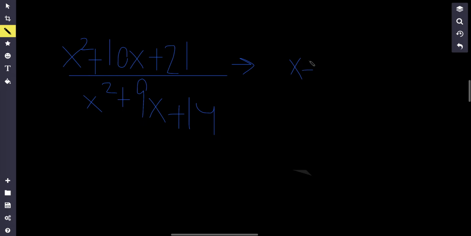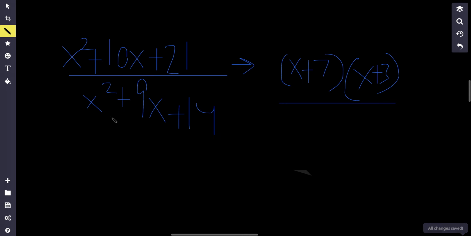So x plus 7 times x plus 3, right? Because we just find two numbers that multiply out to be 21 and add up to be 10. So 7 times 3 gives me 21, and 7 plus 3 gives me 10. And for our denominator, I can factor this out to be x plus 7 times x plus 2.